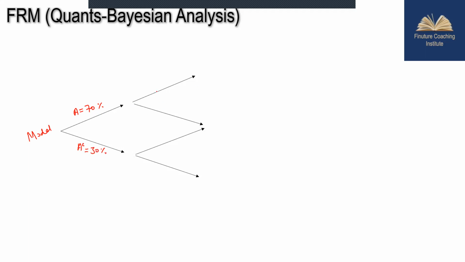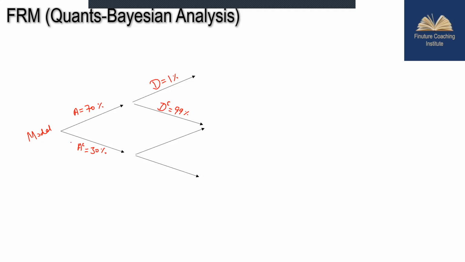Now another tree you can think of is, say for example, the model is accurate and it predicts that it will default, with 1%, and accurate and not default, the probability is 99%.